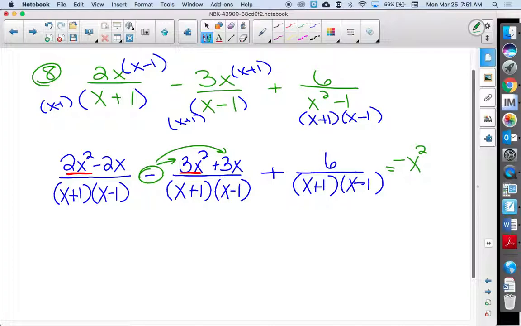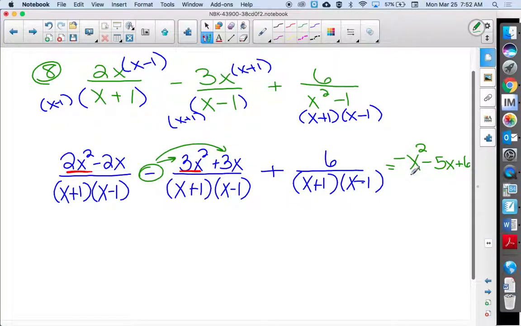And then? Right, so in negative 2x, this minus goes to the 3x, so that makes? Negative 5x. And then the last piece is the 6. And it's a plus 6, there's a plus sign in front of it.